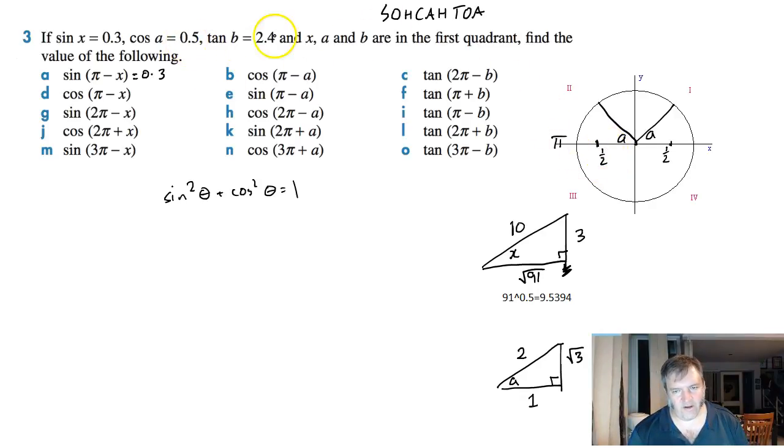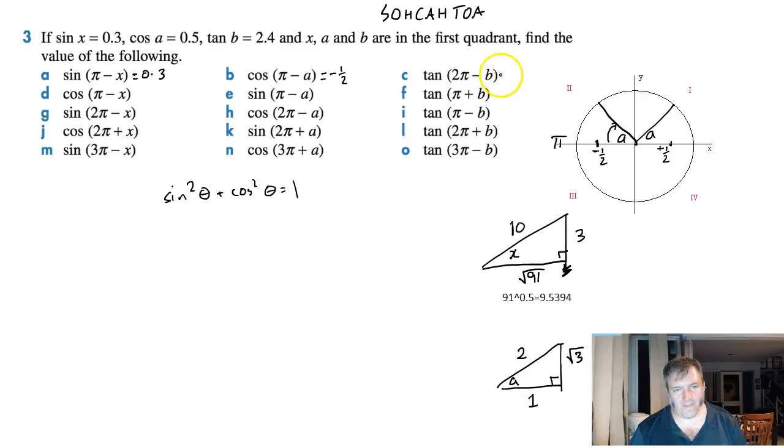See, we've got the cosine of a equals 1/2. What's the cosine of pi minus a? Well, you can see this is 1/2, and that's positive 1/2. But when I'm going back in this direction, even though the distance is 1/2, the value, because I'm to the left of the origin, is negative 1/2. So this one's just going to be negative 1/2, or negative 0.5 if you'd rather.